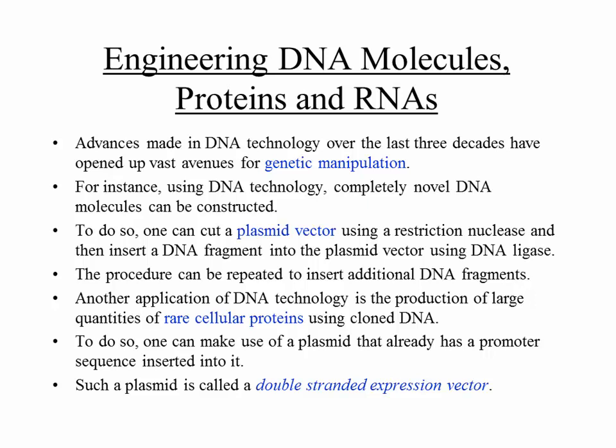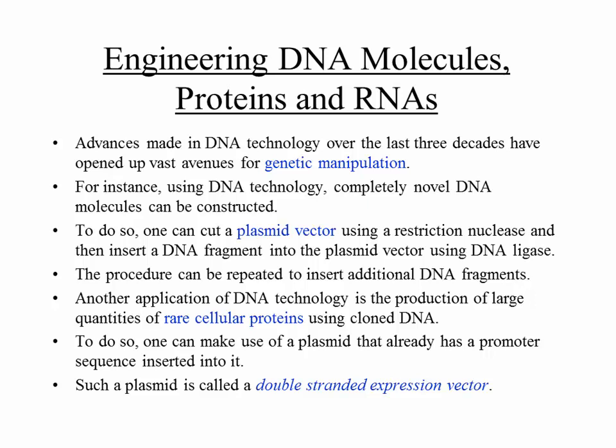For example, using DNA technology, completely novel DNA molecules can be constructed. To do so, one can cut a plasmid vector using a restriction nuclease, as we talked about before, and then insert a DNA fragment into the plasmid vector using DNA ligase. Cut it, then stitch it back. The procedure can be repeated to insert additional DNA fragments.